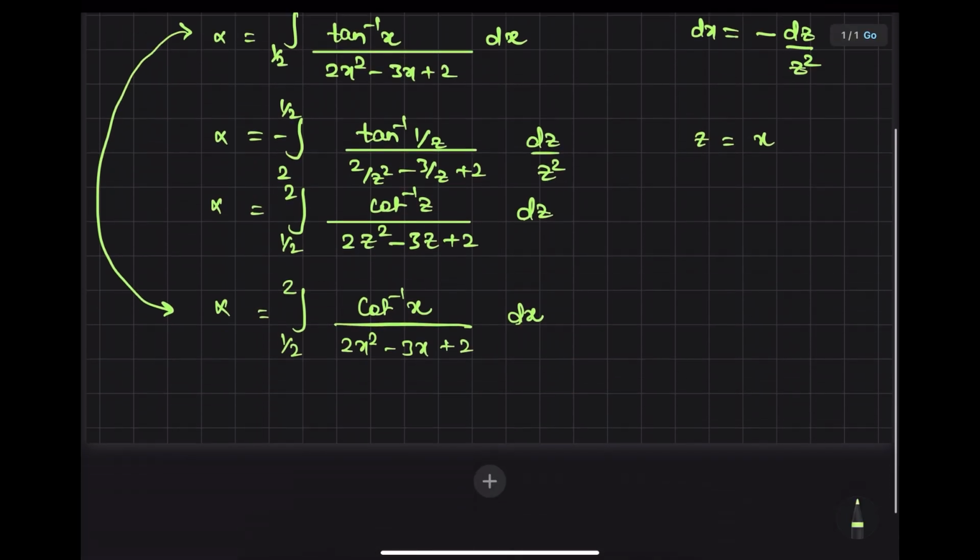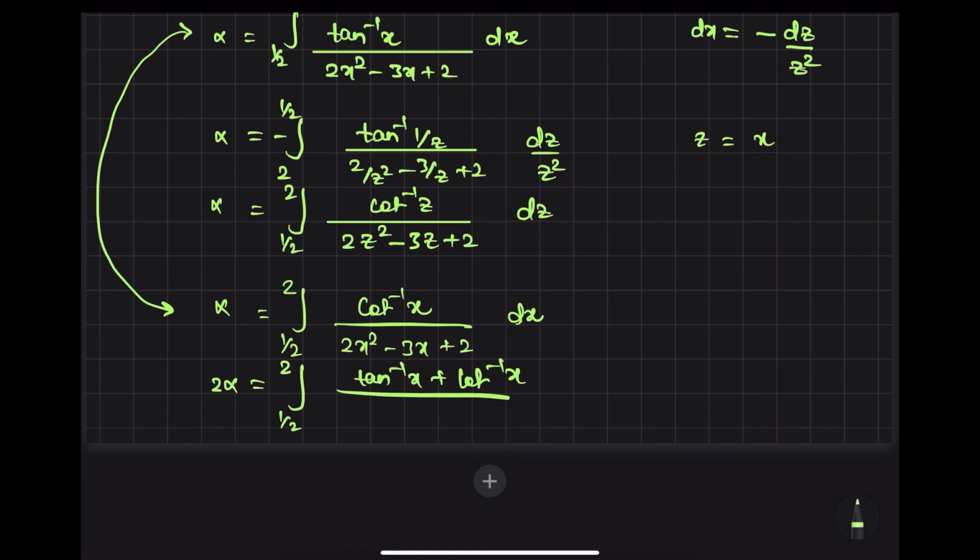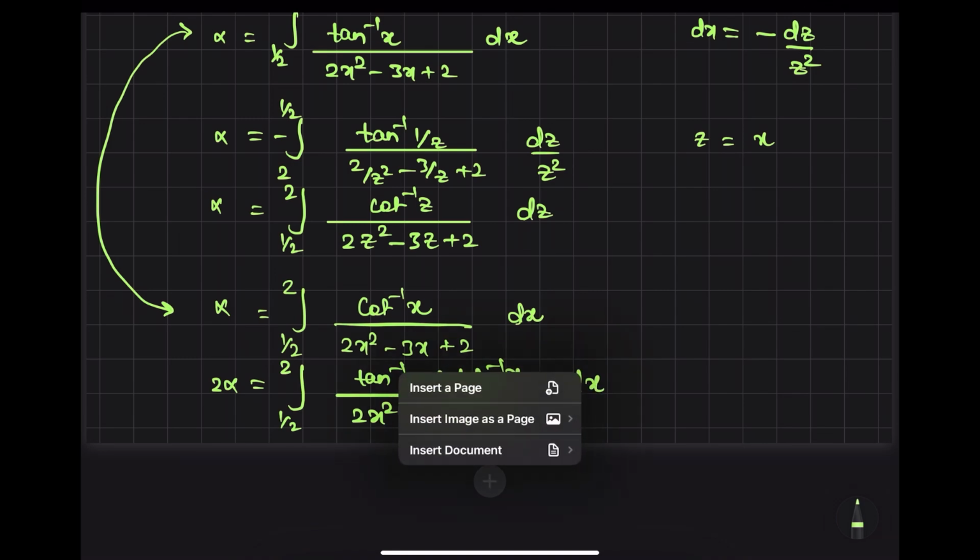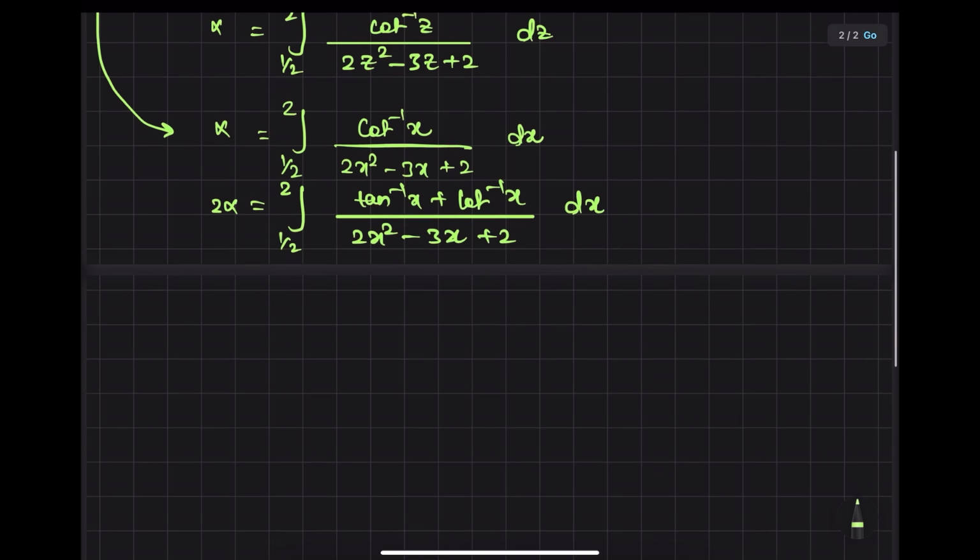So if we add both the equations, we will have 2 times alpha equals integration from 1 by 2 to 2 of tan inverse x plus cot inverse x. The denominator is the same, so we don't have any problem with that. 2x square minus 3x plus 2 and dx. I hope till this part you guys are okay.